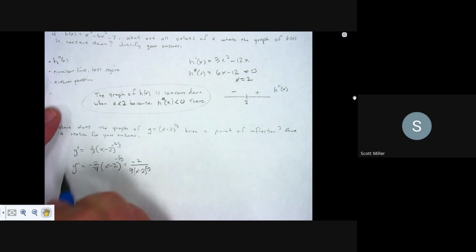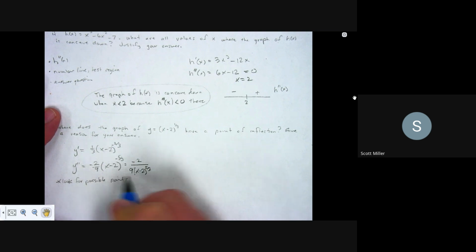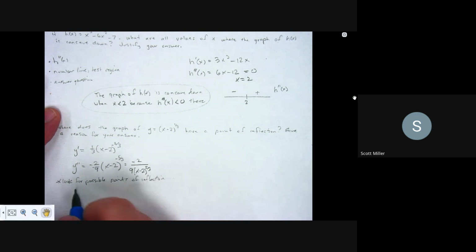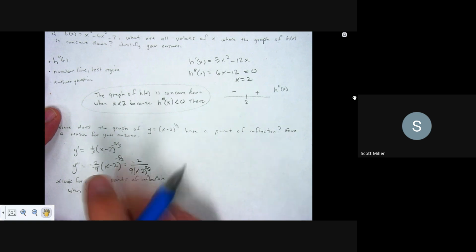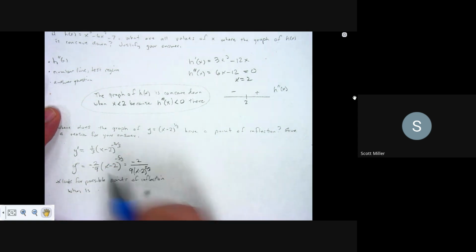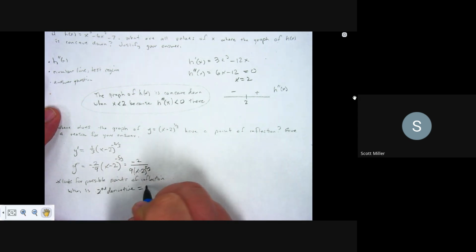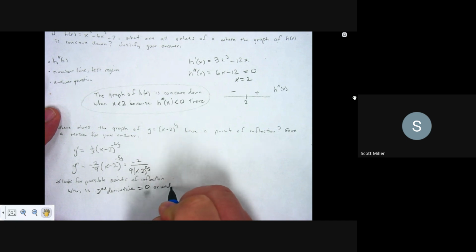Okay? We want to look for possible points of inflection. When is the second derivative equal to 0 or undefined?